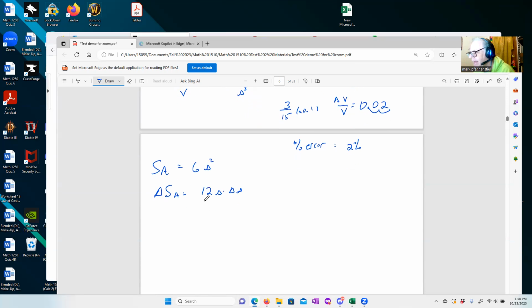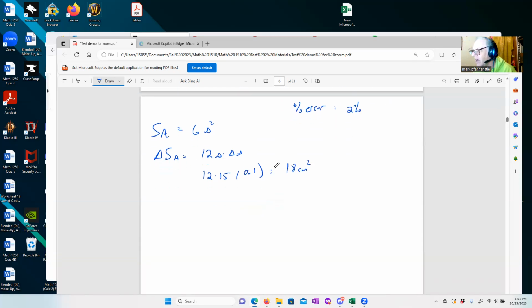Again, if I just want the maximum error, we're just going to say this is 12 times 15 times 0.1. We plug that in the calculator, and I got 18 centimeters squared as my possible error in the surface area.